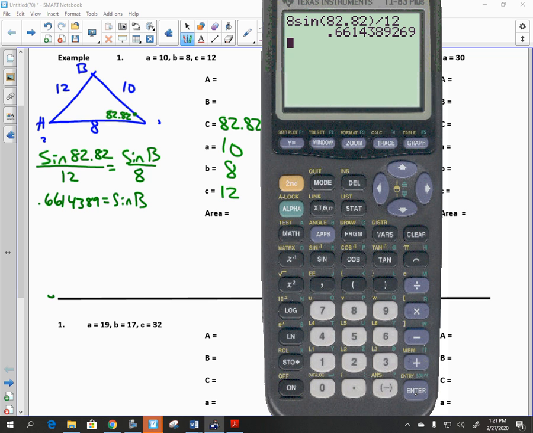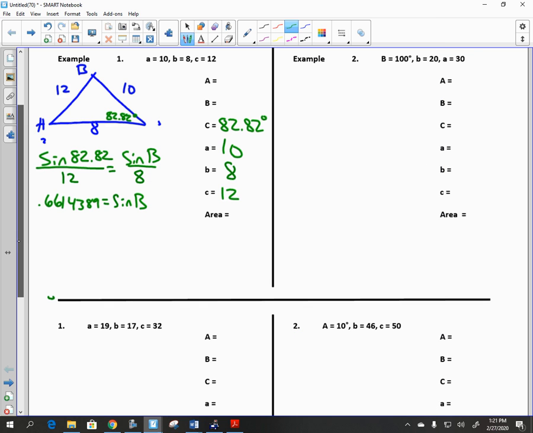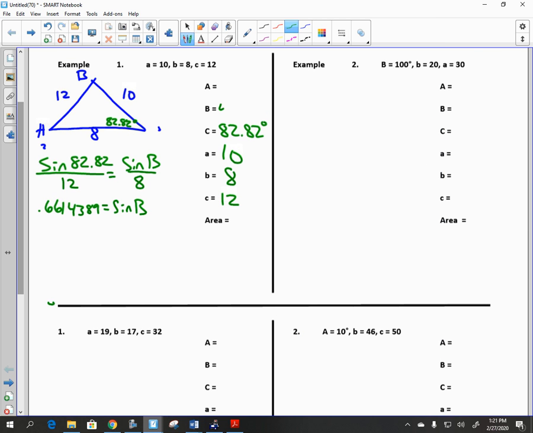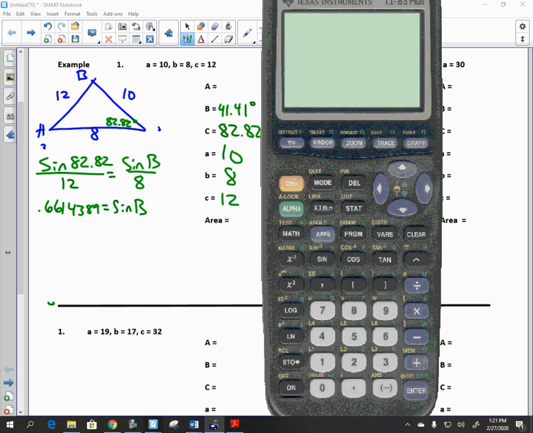How do I find that angle? I sine inverse. 41.41. And then what do I do to find angle A, Gav? You got it.